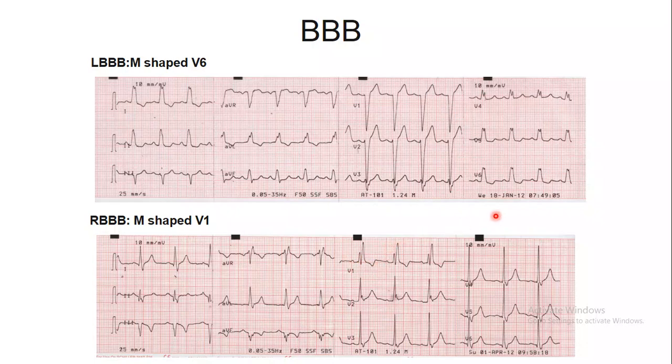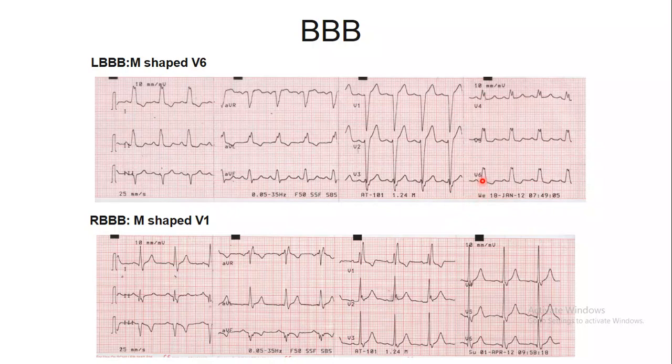We can also notice changes in the ST and T wave segment following the QRS complex. Normally, secondary repolarization changes occur in the presence of bundle branch block, which are always in the opposite direction of the QRS complex.